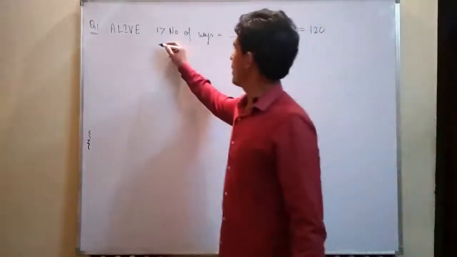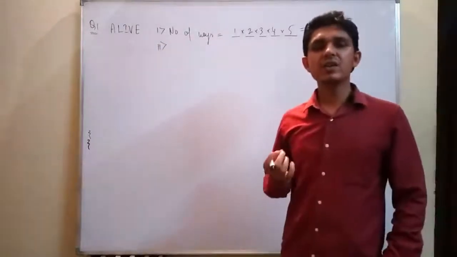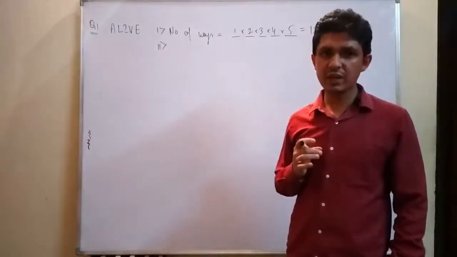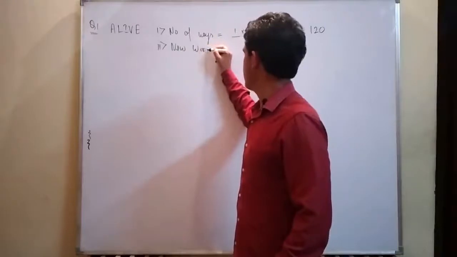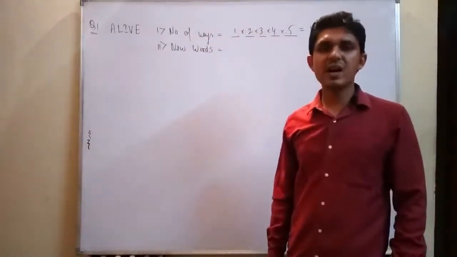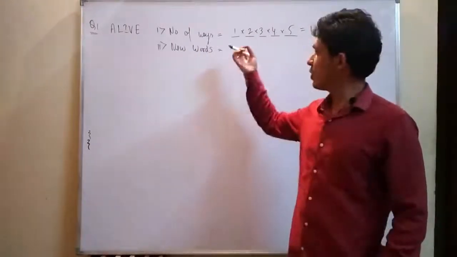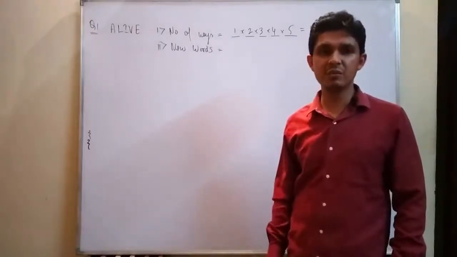Okay. So a second question can be asked, how many new words can be made by the letters of the word alive? So if I ask you this question, it is very obvious that the number of arrangements of letters is equal to the number of words that can be made.